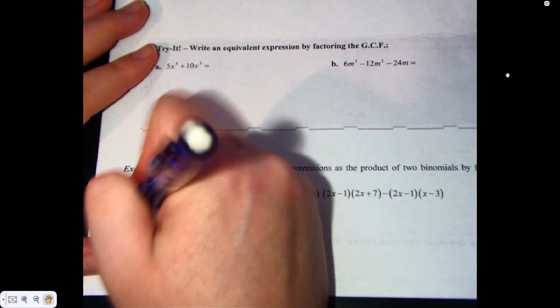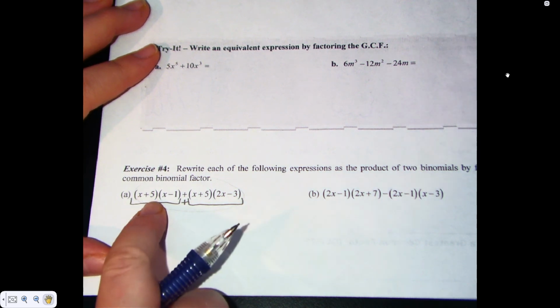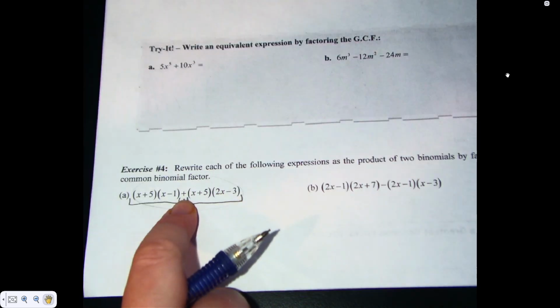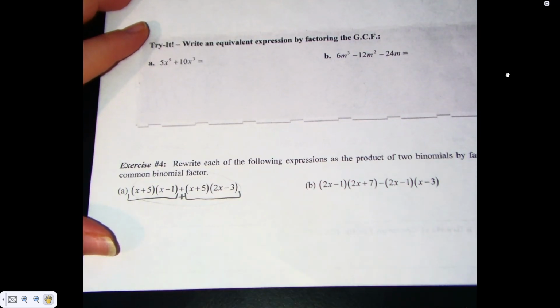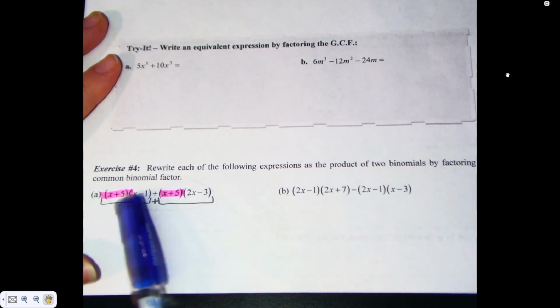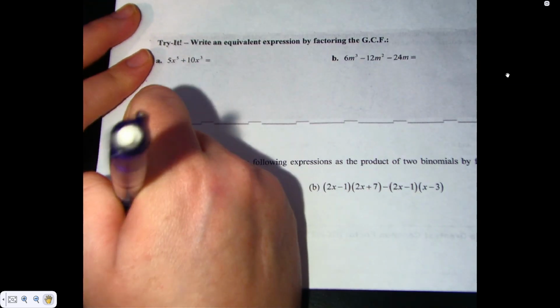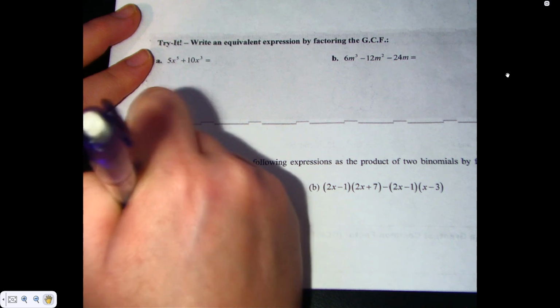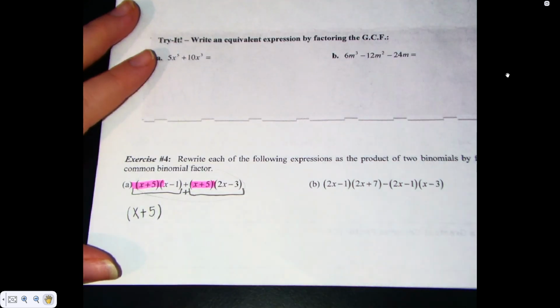So I'm going to take out what I see is in common. I see x plus 5 times x minus 1 plus x plus 5 times 2x minus 3. Did I repeat myself? Did I say the same thing twice? Yeah, I definitely did, right? This thing right here is in both of those terms, okay? So that means I can take this out as a greatest common factor.